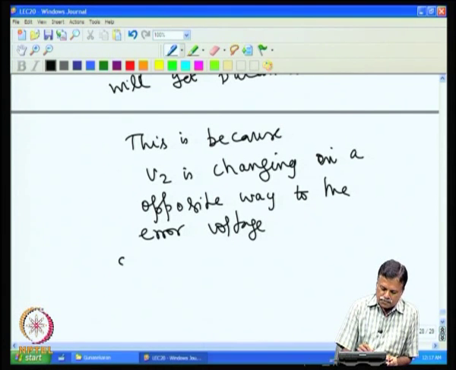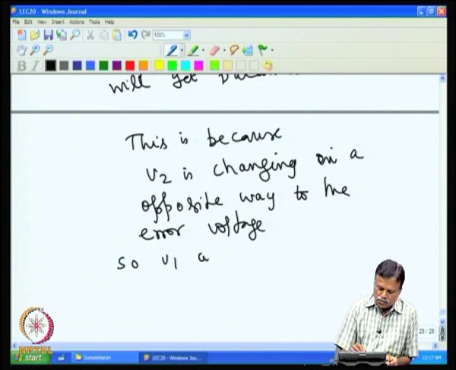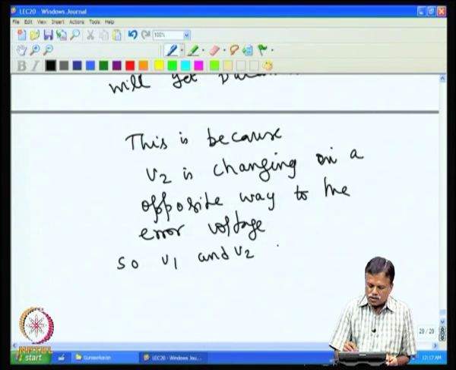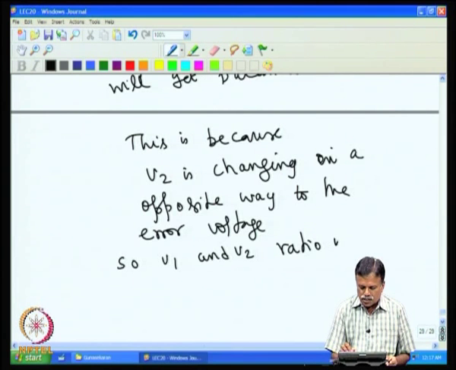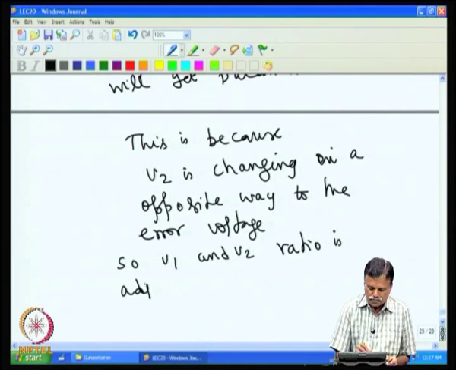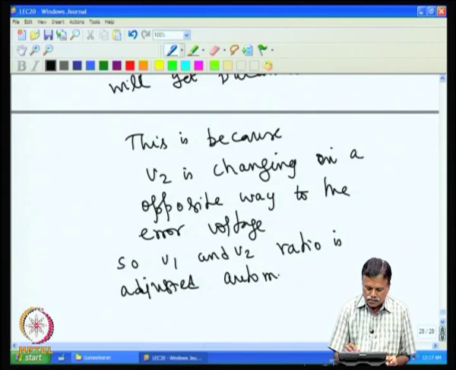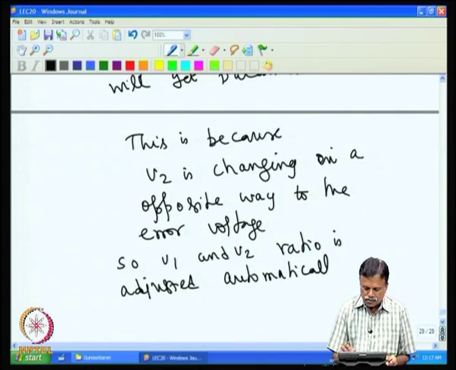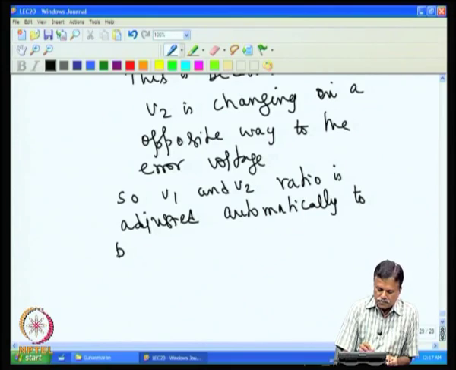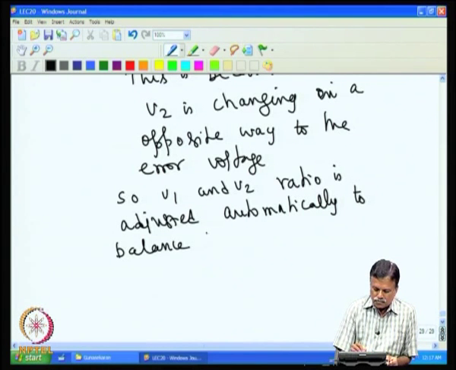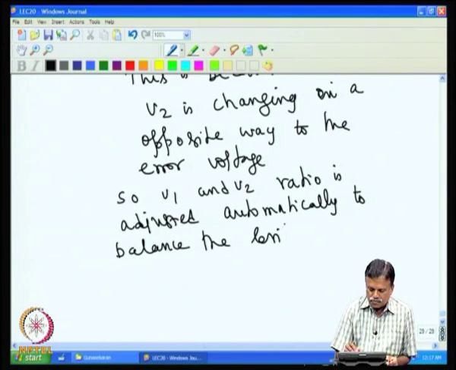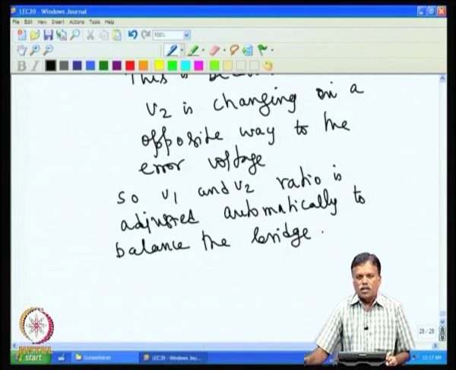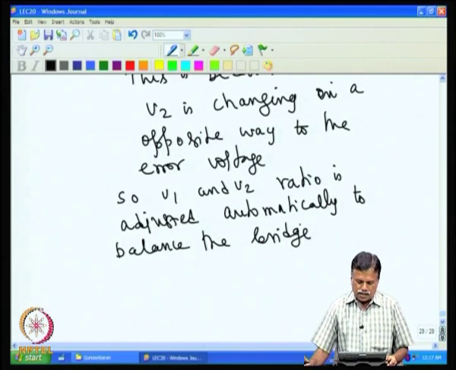So the V1 and V2 ratio is adjusted automatically to balance the bridge. Automatic balancing is achieved, and the V1 and V2 ratio gets automatically adjusted.